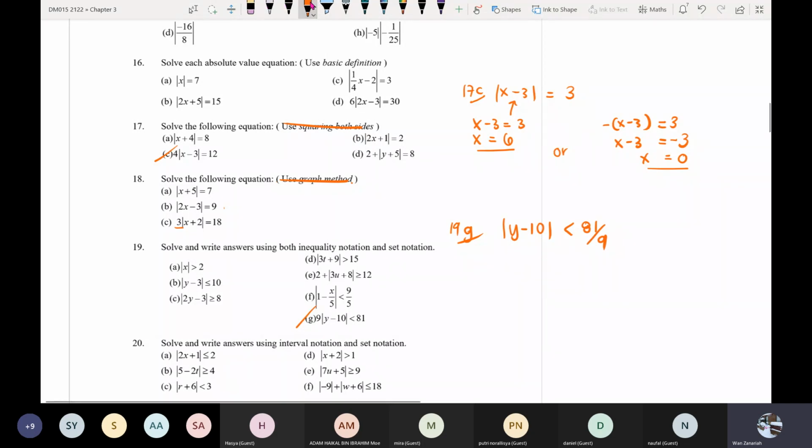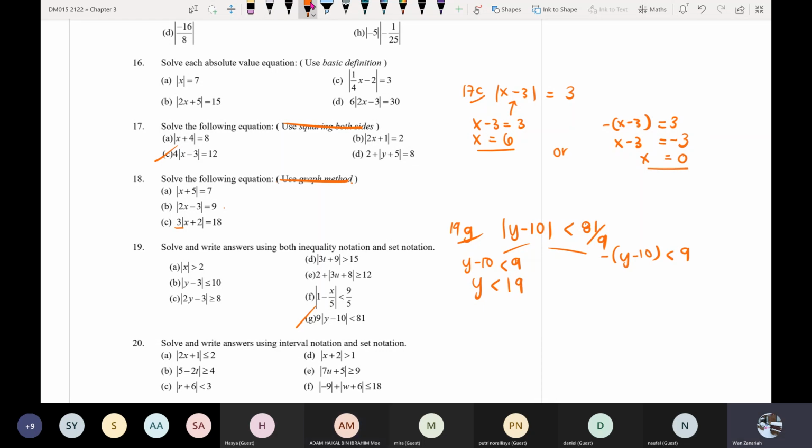So kita pecahkan absolute ni. Yang pertama absolute yang positif. Yang kedua adalah absolute yang negatif, simbol sama. 81 over 9, 9. Cikgu kata selesaikan ni dulu. Multiply with negative. So 9 plus 10, 19. Betul?